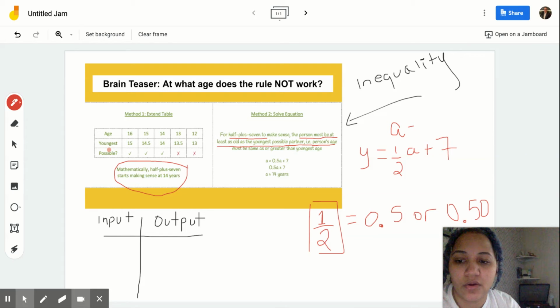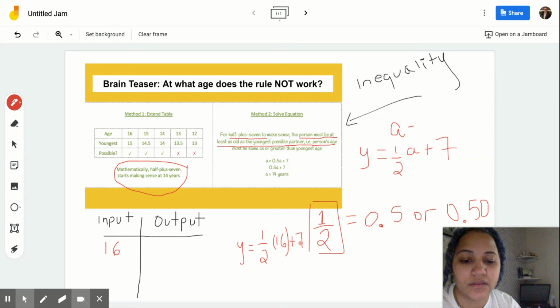We know that the input is the older person's age, so A is the older person's age, in this case 16. When my input is 16, I evaluate it: y equals 1 half, or 0.5, parentheses 16, plus 7.